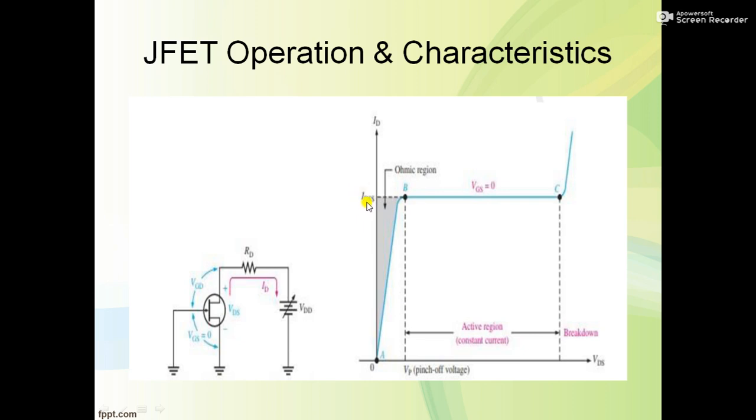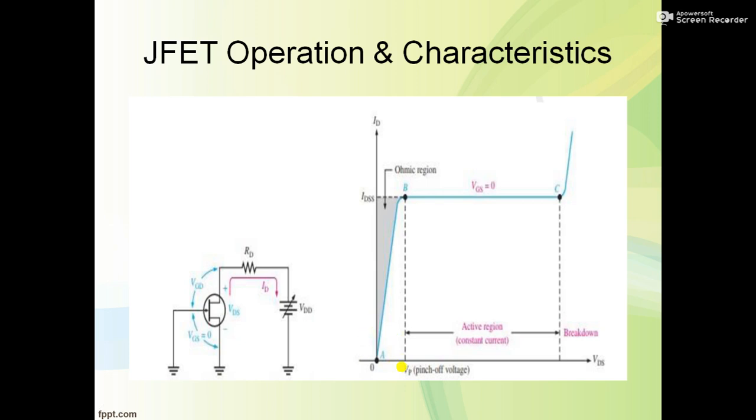IDSS is the saturation drain to source current, or drain to source saturation current. This region is called the active region because the current is constant. And one more is the VP voltage, which is called the pinch off voltage.